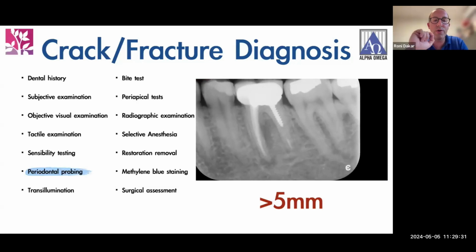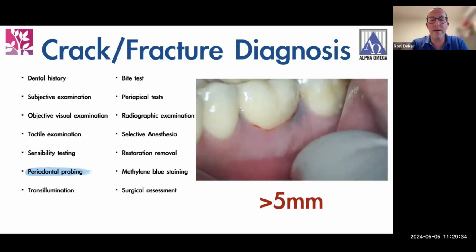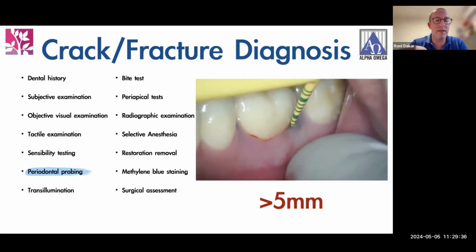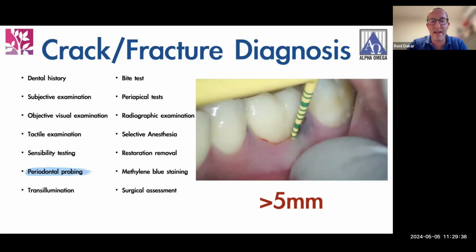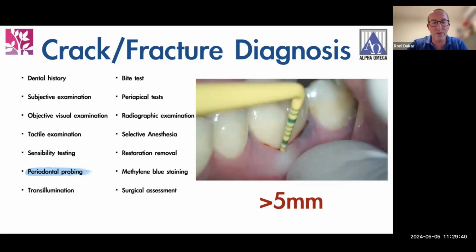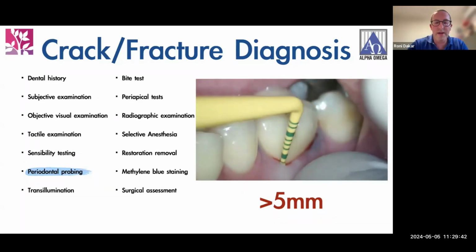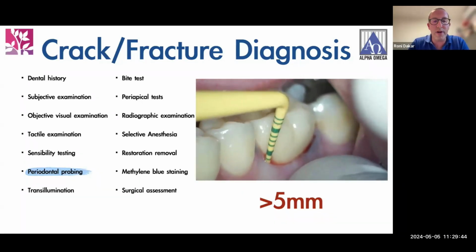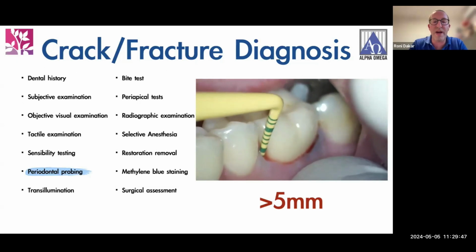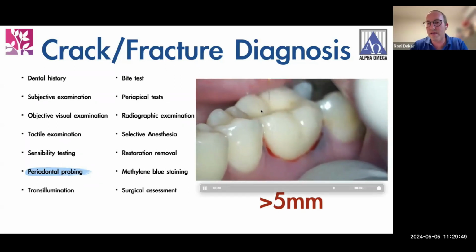Even in a case where there is already a crack in the tooth, a pocket that is over 5 millimeters in depth is a negative prognostic factor. In other words, the presence of a pocket over 5 millimeters reduces the survival rate of cracked teeth.